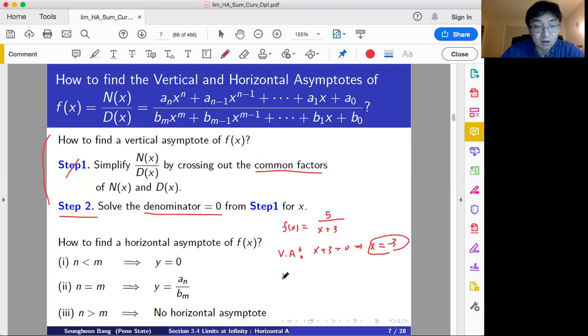So what is the horizontal asymptote? You can compare the top power and the bottom power, we can use this rule.